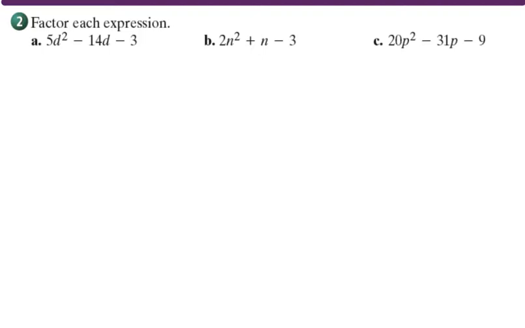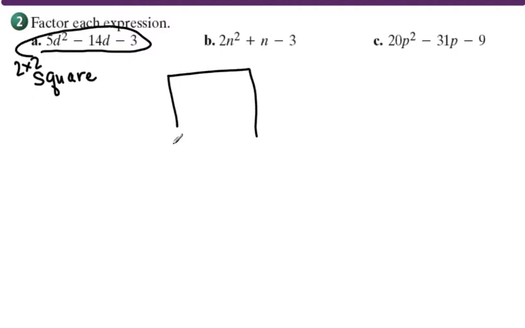So we have the guess and check method of yesteryear. We have the grouping method, and now I'm going to show you the square method, or the 2 by 2. I'm going to take A, and what you do is you draw a 4 square.